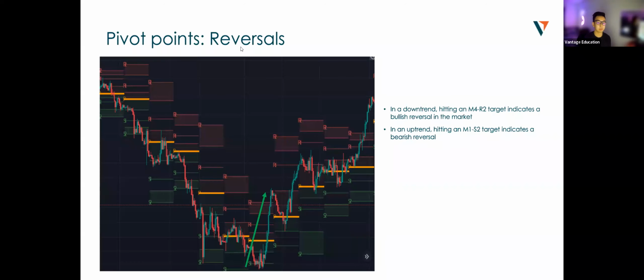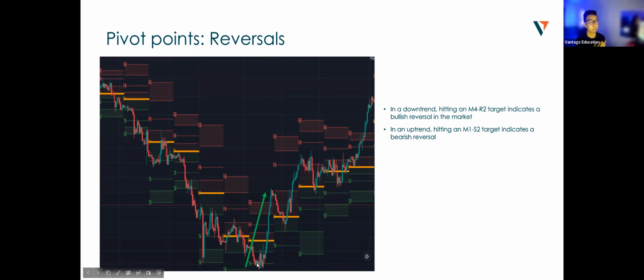The next thing is reversals. Like I've mentioned, prices above R2 or below S2, the probability of prices reaching those levels is around 17%. So there's about a one in five chance that prices will go above R2 or below S2.